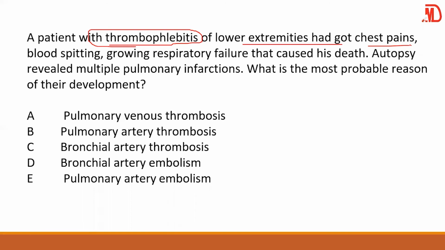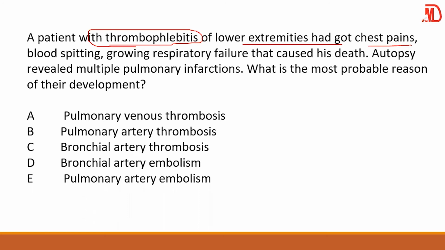Now, the word embolism simply means movement of substance from its origin to another place. So you can have thromboembolism, that means a thrombus is moving. We can have foreign body embolism, that means a foreign body is moving. We can also have fat embolism, and fat embolism normally occurs in fractures.